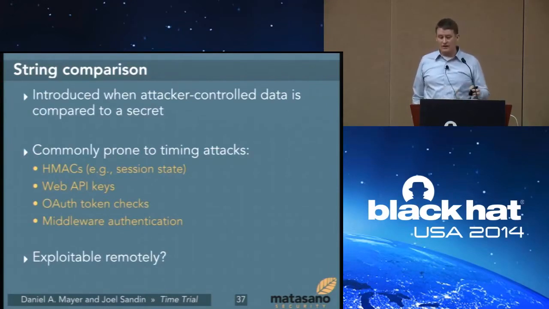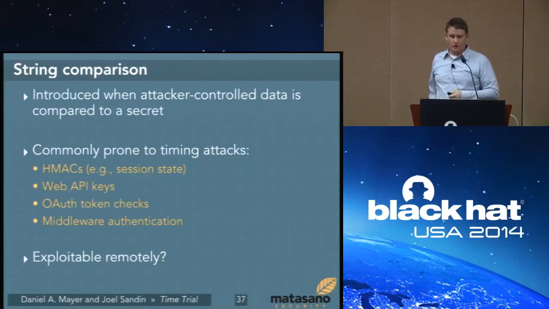A lot of times, when they're handling passwords, first of all, they're not storing the password insecurely, but they're also doing a naive comparison between the password they get and the password they're expecting. So it's very common for developers to introduce these side channels. And at the end of the day, a side channel is a concern. It leaks information, but it's a separate question to ask, okay, can we exploit this remotely?